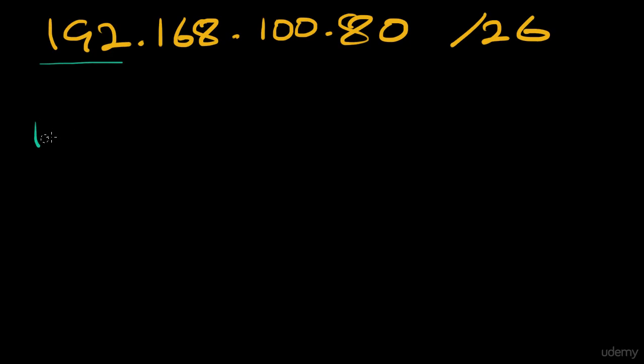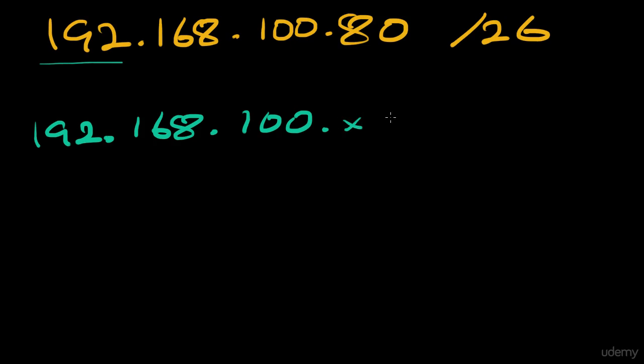The original network ID was therefore 192.168.100. I'll write out the last octet here as X's. /26 is the prefix that they used.